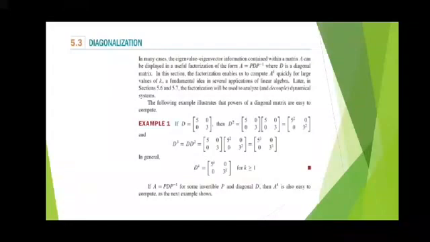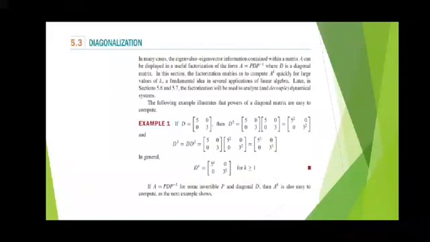Using these eigenvectors as columns, we find a matrix P, as will be seen in the next examples. Then we compute P inverse, the inverse matrix of P. Using A equals PDP inverse, we can easily calculate A power 8, A power 6, that is, powers with large values.